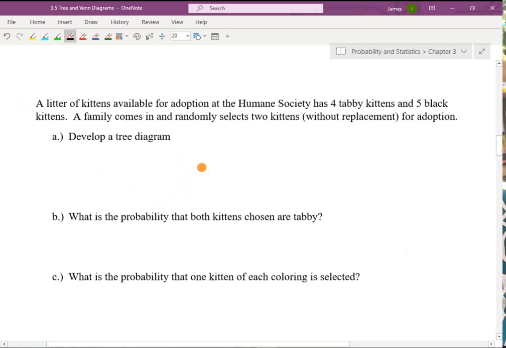So develop a tree first. So this one I'm going to draw horizontally. So there's my point that the tree is going to emanate from. And basically what we're doing is selection 1, and we'll have selection 2. Okay, so if I go selection 1, what are my options?